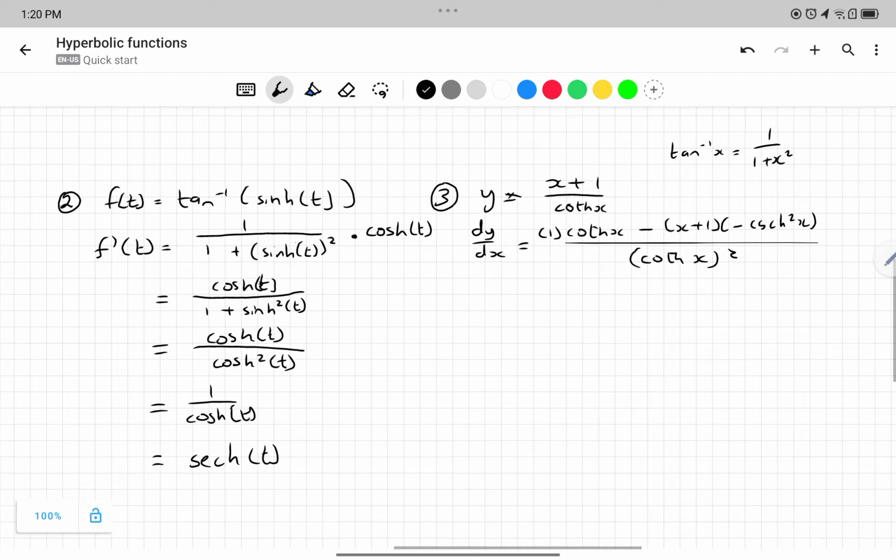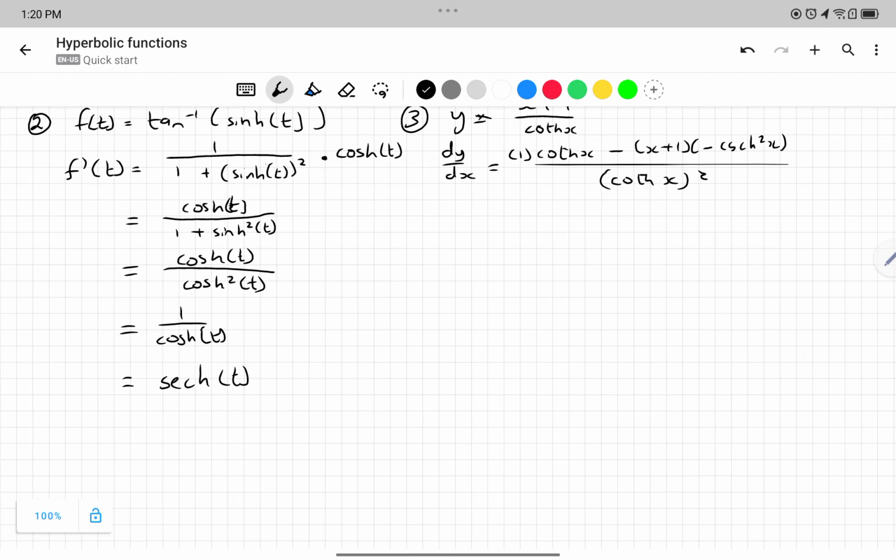Right? So this is the first step. You could even end here if your teachers would let you.